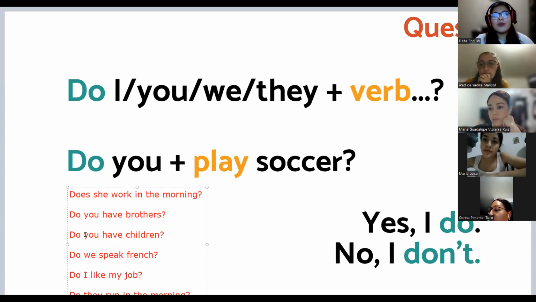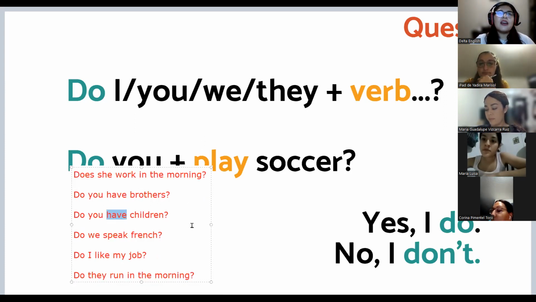Lo único que yo cambio es mi sujeto, sobre quién estoy haciendo la pregunta, y el resto de la oración, el predicado. Pero siempre empiezo con do, sujeto, verbo. Siempre. And then, of course, depending on the person I'm asking the question about, the answer is going to change.